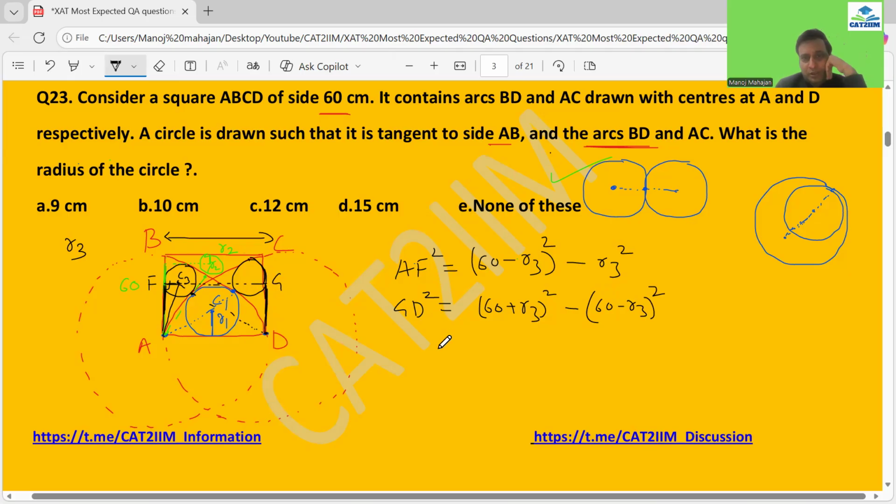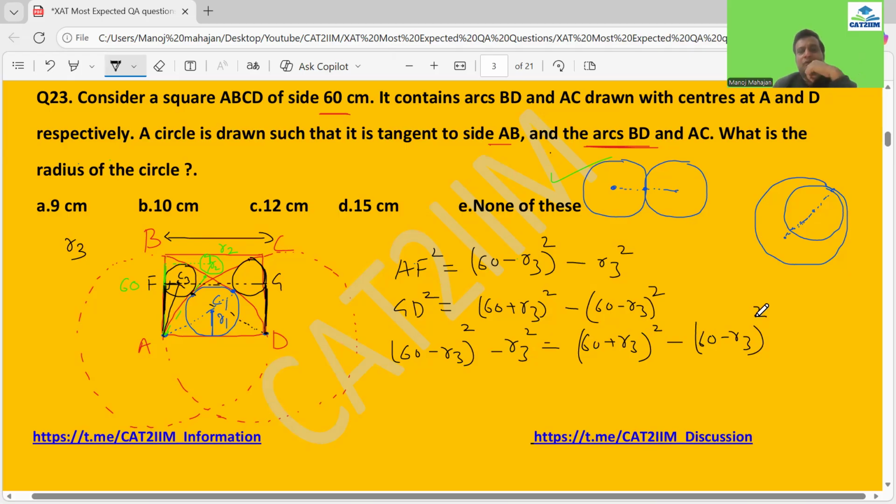So can we equate the two? Now we can get the value of R3, which is the question also. So let's do that. (60 minus R3) square minus R3 square should be the same as (60 plus R3) square minus (60 minus R3) square.